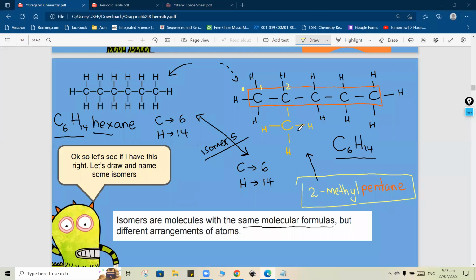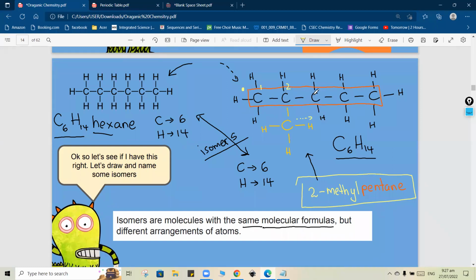Now, here's the thing. This diagram has another isomer. Instead of putting the branch here, listen to the question, right? If I were to move the branch and connect it to this one here, what would be the name? Because you notice I connected to this one here, right?